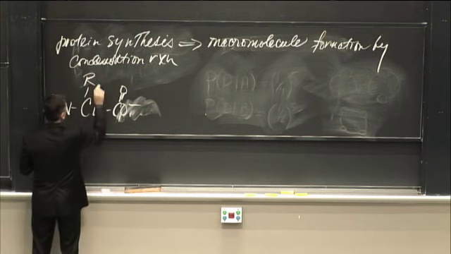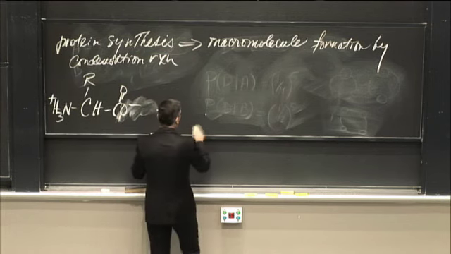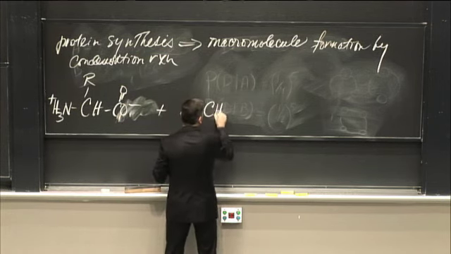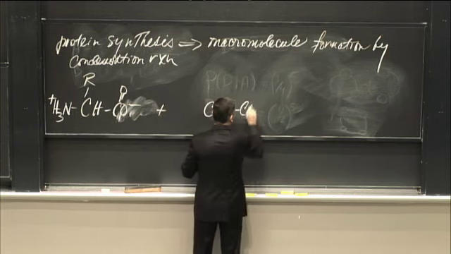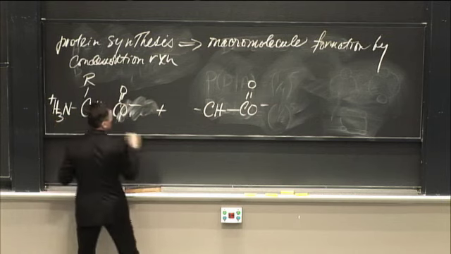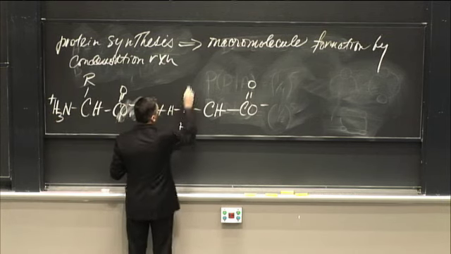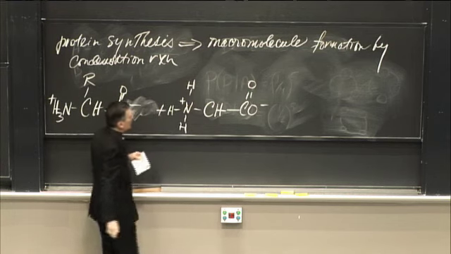And then I've got some kind of an R group up here, and I'm going to put next to it a second one of these. So here's the alpha carbon, and we'll go COO. And then over here I'm going to unpack this nitrogen. It's got 1, 2, 3 hydrogens. Yes? And it's net positive. So there's the neutral zwitterion.